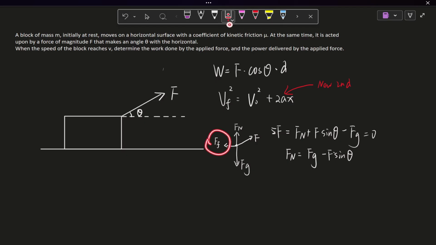And then we're trying to solve for the friction force, because it is moving on a horizontal surface. After we find the magnitude of the net force horizontally, we can get the acceleration because F equals ma, and we already know m, right?